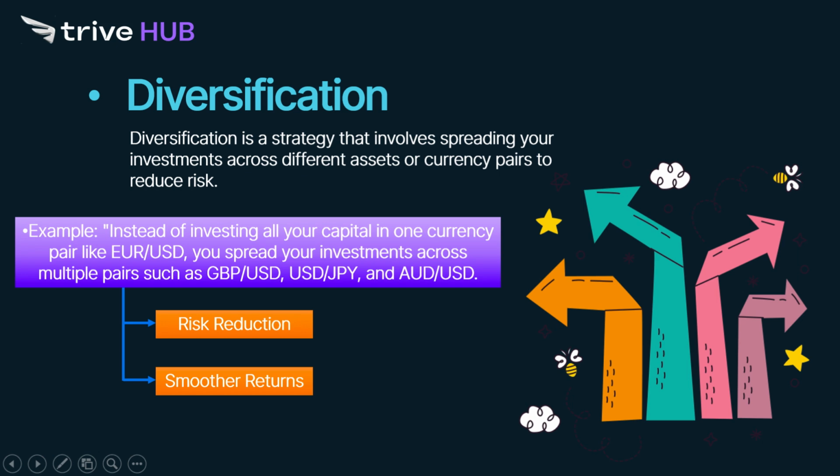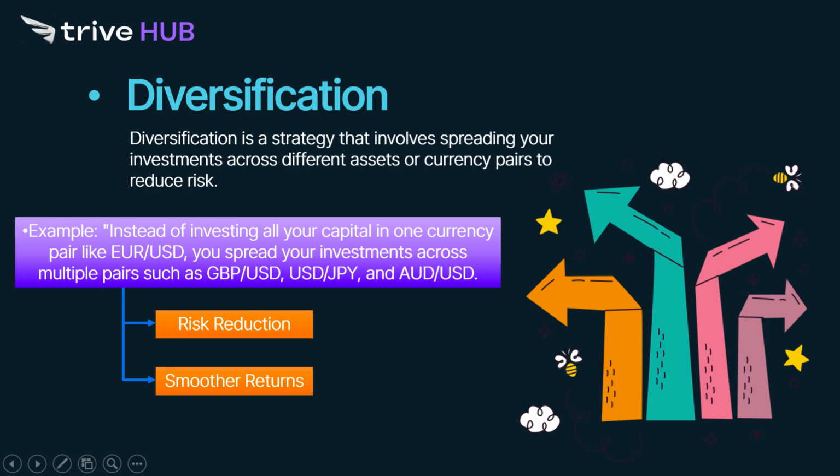Because if one currency is rising, one is constant, the third is also rising, and the fourth one is declining, then these three might average out the losses of the fourth, and overall you will still be in the green. It means you will have a positive profit and loss in your account.